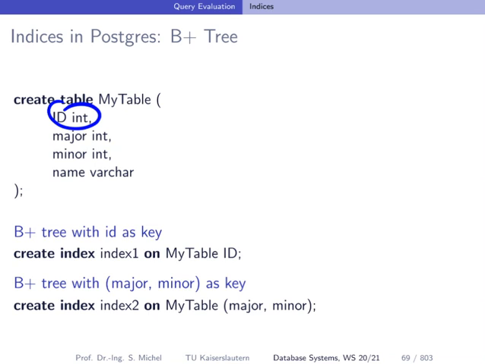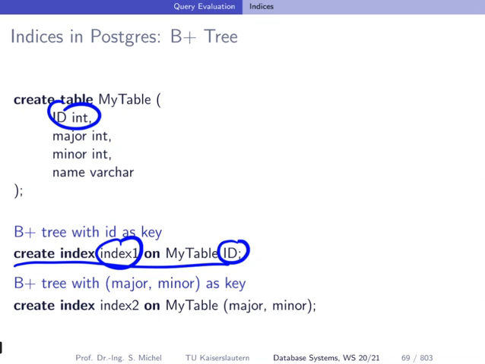Often this is also the key of your relation or the primary key. So now the ID should be the key, and how do we do this in Postgres or SQL? Well, we can just say CREATE INDEX index1, so this is the index name, ON my table. This is our table name, and this is the ID column of my table that should be used to create the index.